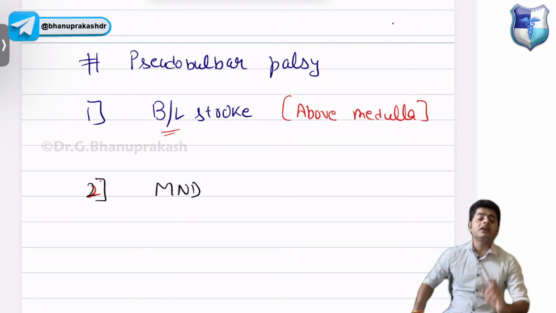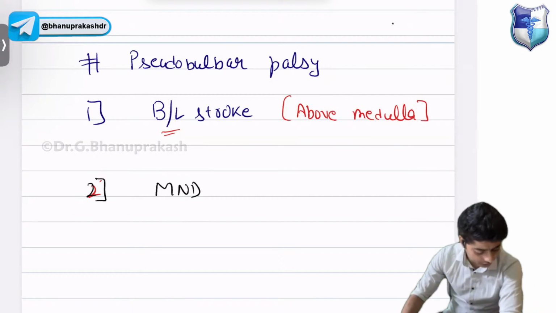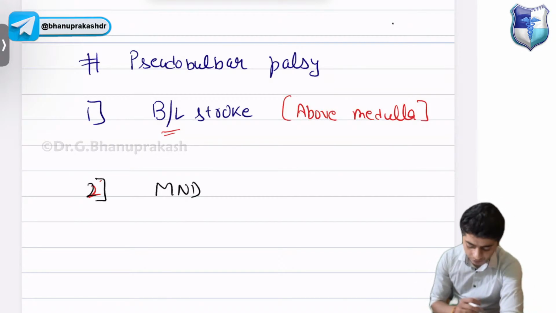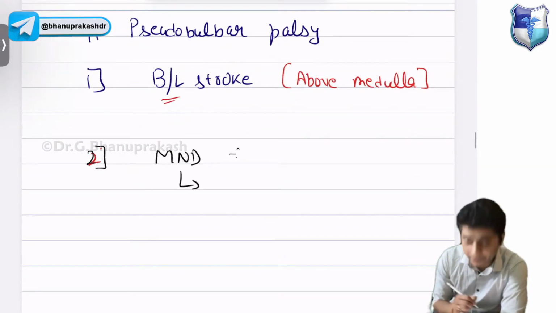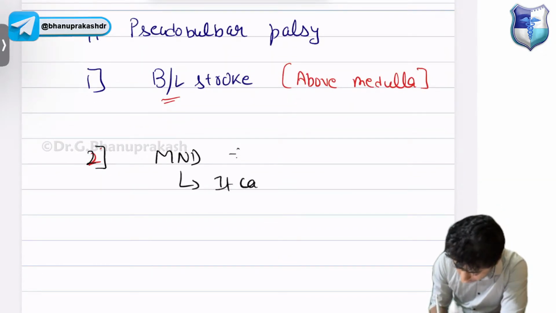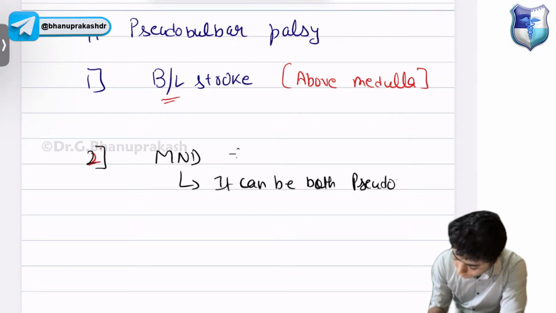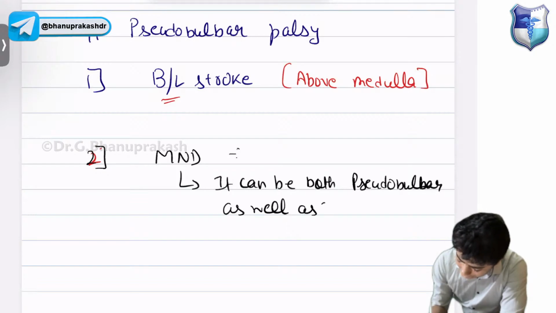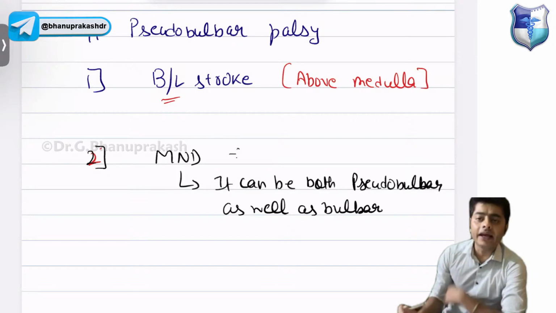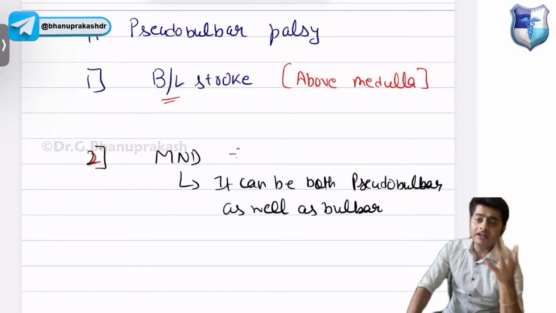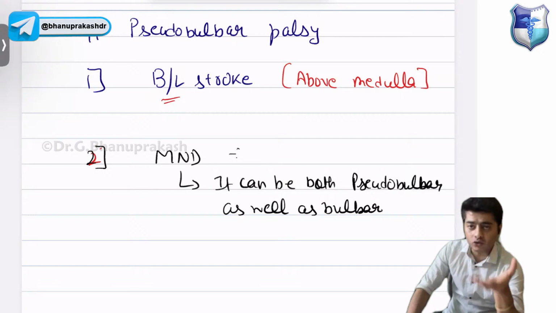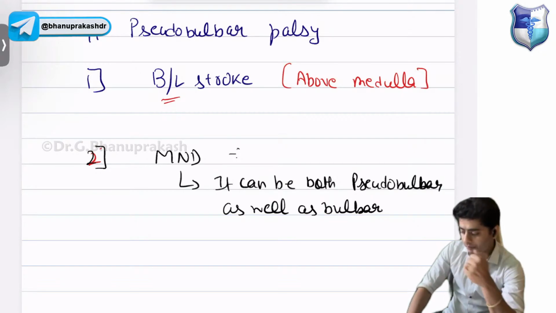I will come to this topic also. If it involves nuclei of the cerebral cortex, it will be pseudobulbar. If it involves anterior horn cells in the spinal cord, it will be bulbar.